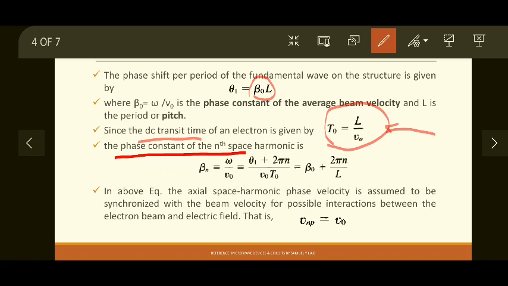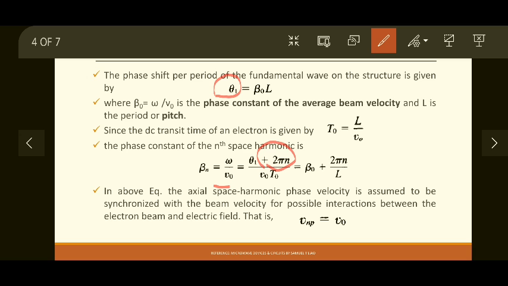Now the phase constant of the nth space harmonic is given by beta n, which is equal to omega upon v0. So what does that mean? Omega upon v0 becomes theta 1, the fundamental phase shift, plus the nth harmonic term, that is 2 pi multiplied by n. If you are talking about the 10th harmonic, 10 into 2 pi, divided by v0, which is replaced by v0 t0. Why?